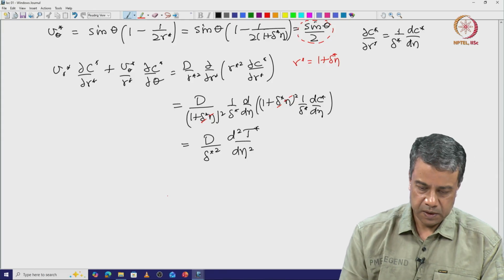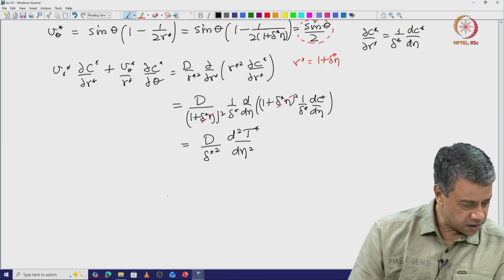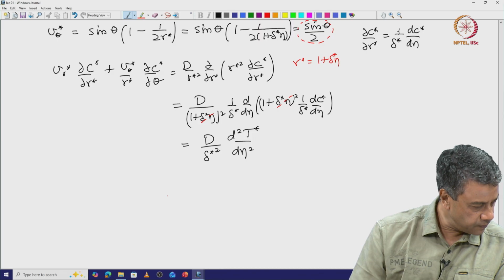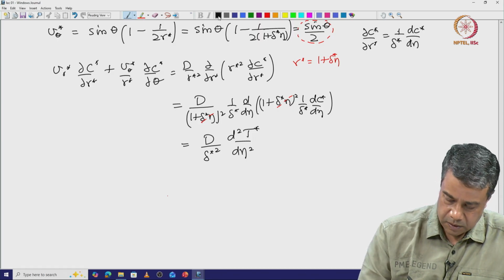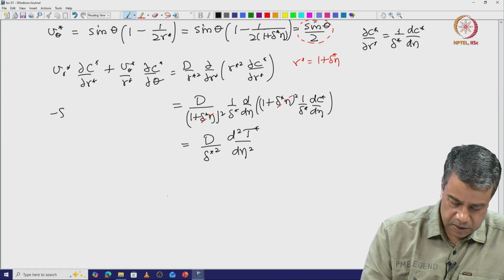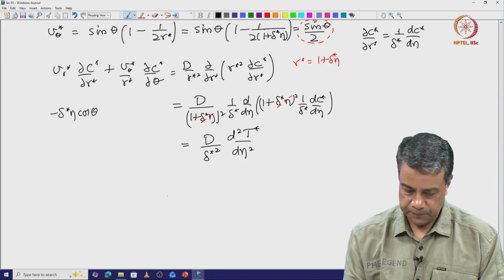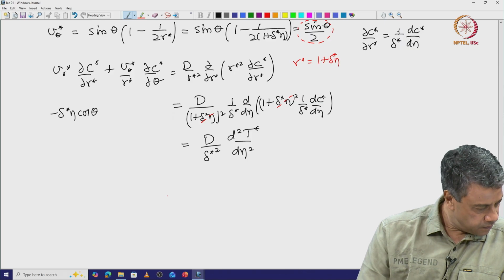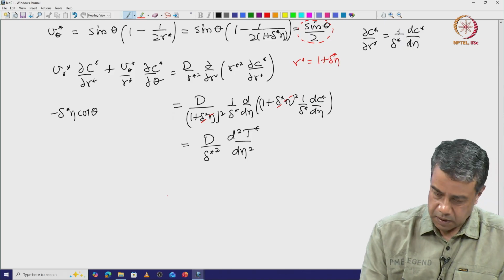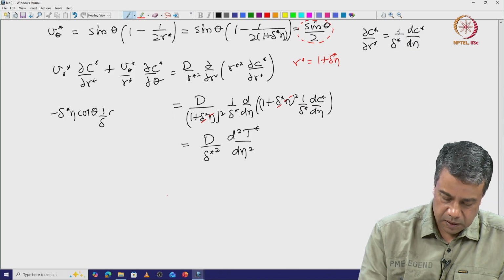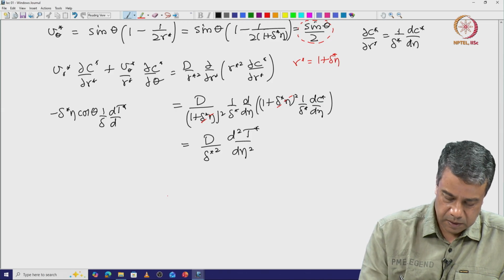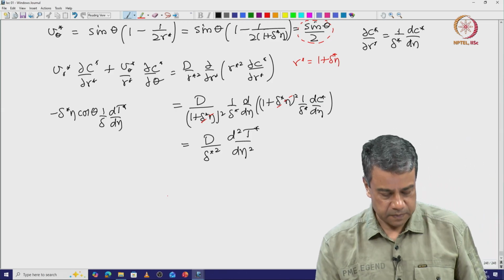And VR star I just calculated for you, this is equal to minus delta star eta cos theta into 1 by delta dc star by d eta. So, that is the first term.